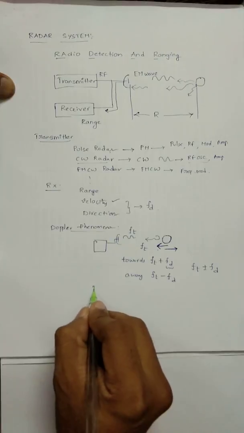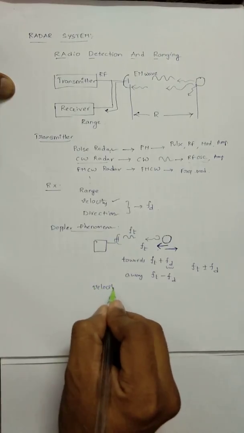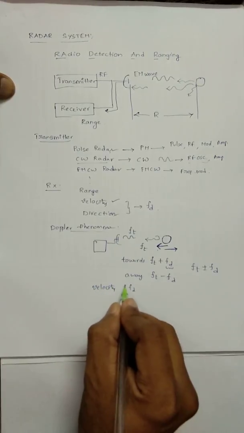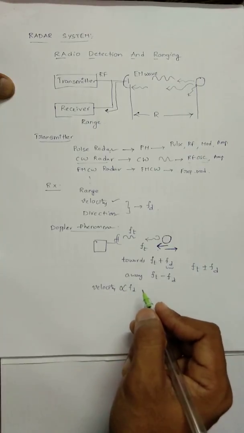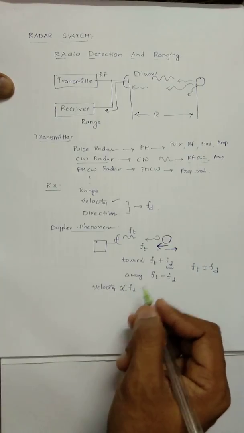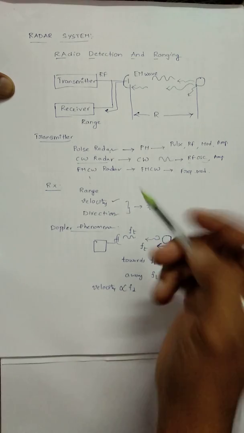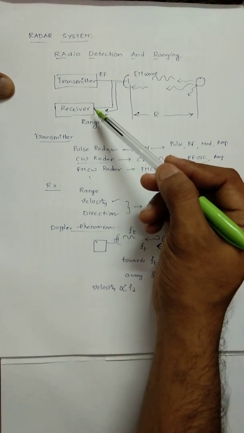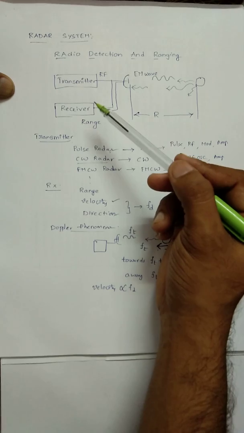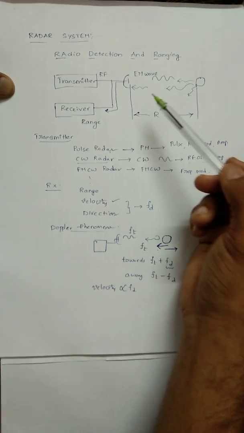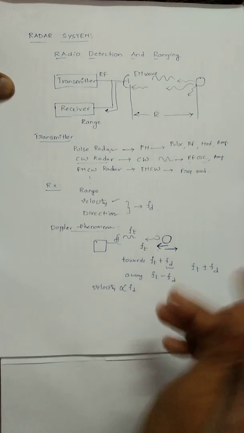In a similar way, velocity can be calculated using the same Doppler frequency fd, because the two are proportional to each other. This is the basic radar system concept: the transmitter and receiver sections, the various parameters we can evaluate, and how the basic principle works.